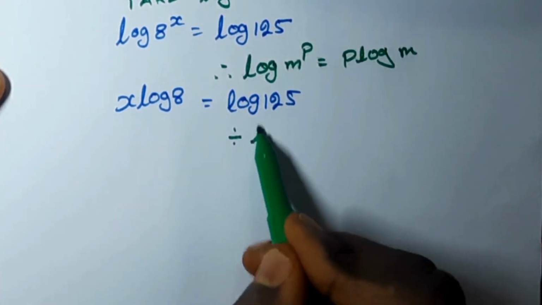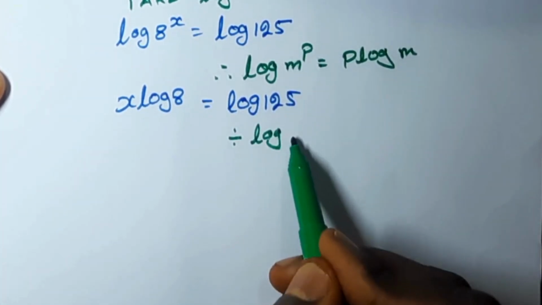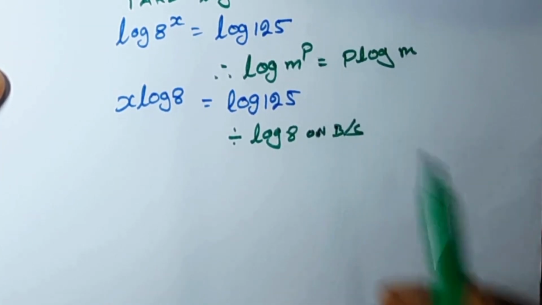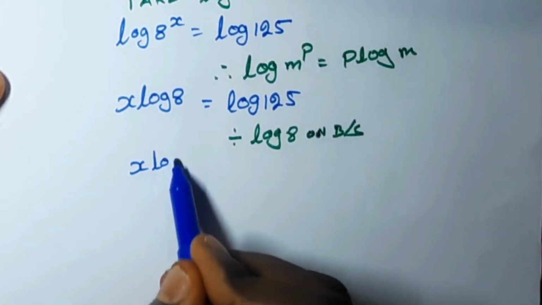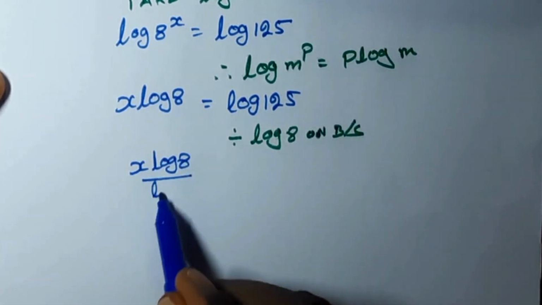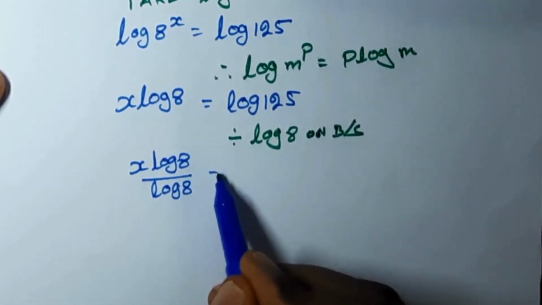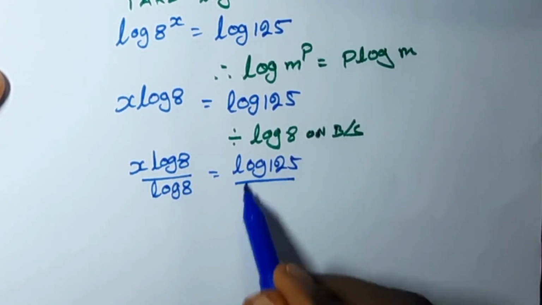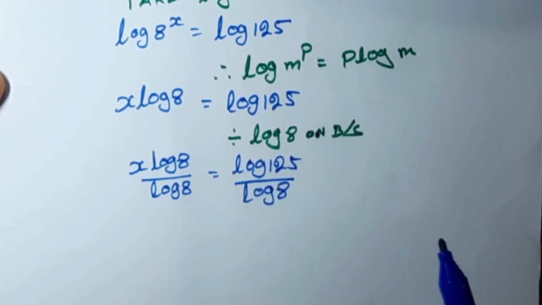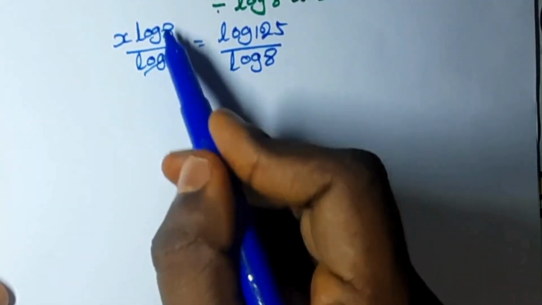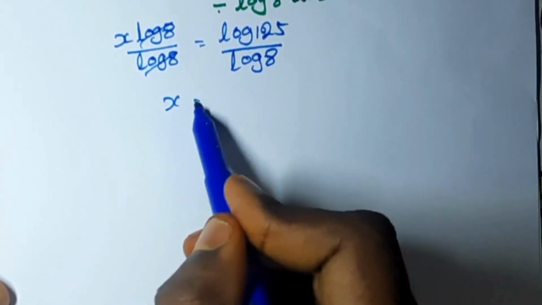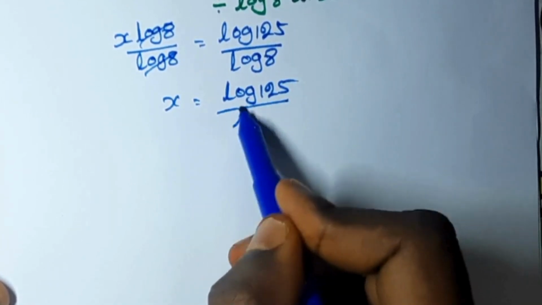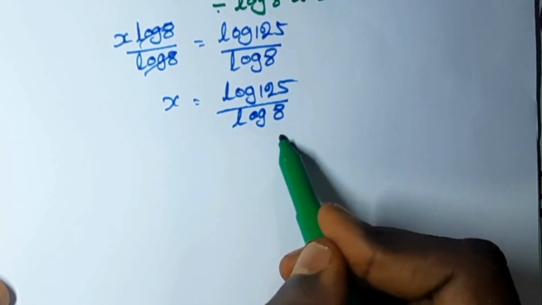Now divide by log 8 on both sides. x log 8 by log 8 equal to log 125 by log 8. This cancels this, so x equal to log 125 by log 8.